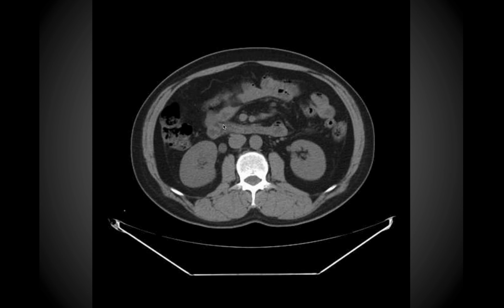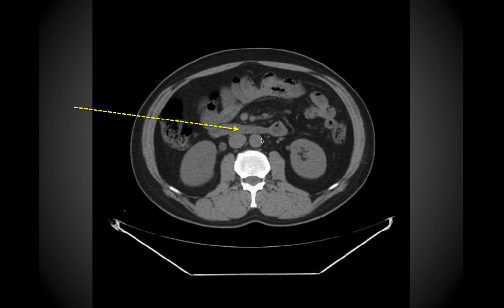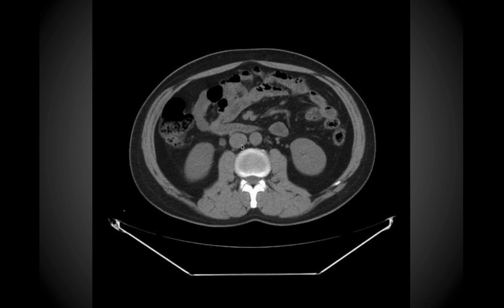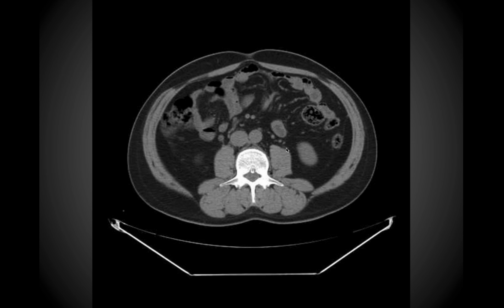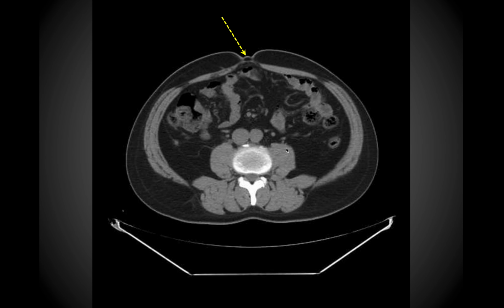This is going to be the third part, the transverse part of the duodenum here, as it's cutting across both the aorta and the IVC. As we continue descending, pay attention to the ureters. Again, note the size difference between the two ureters as we're descending. It's quite significant, of course.